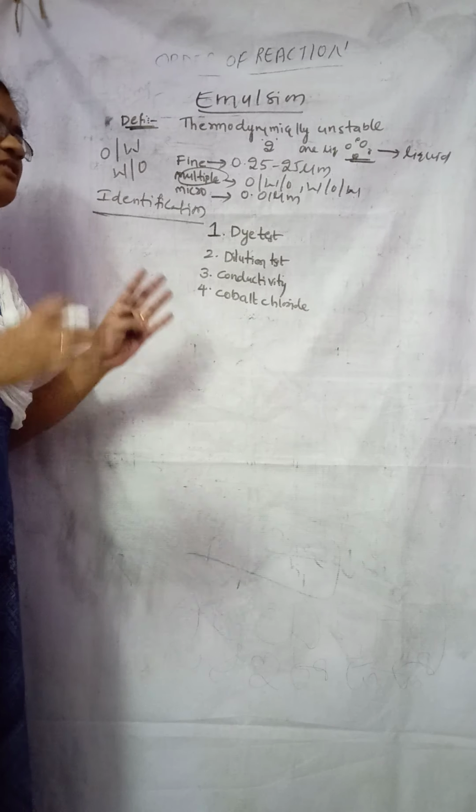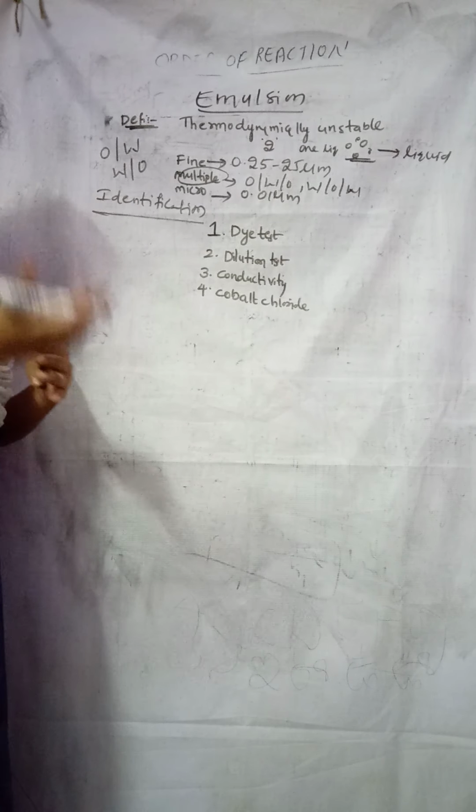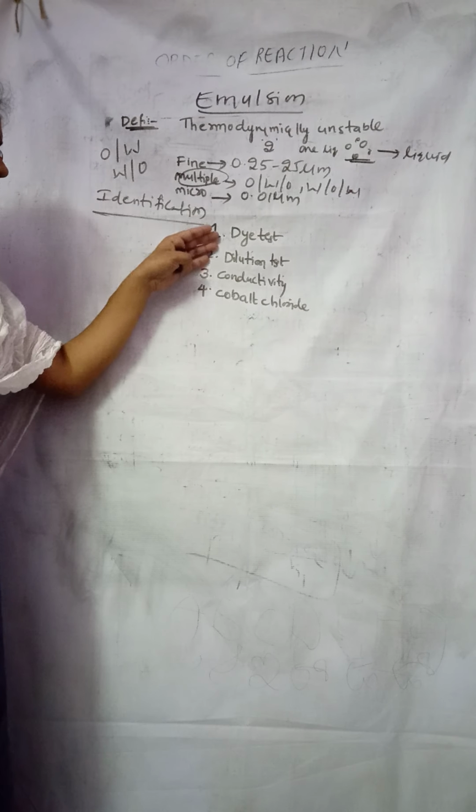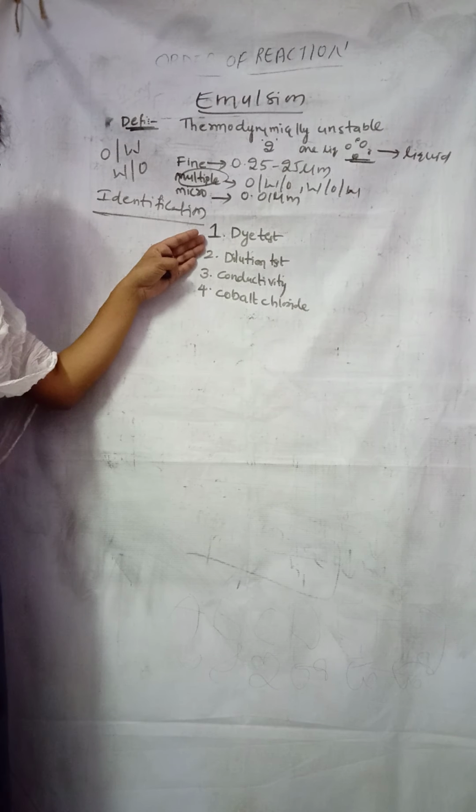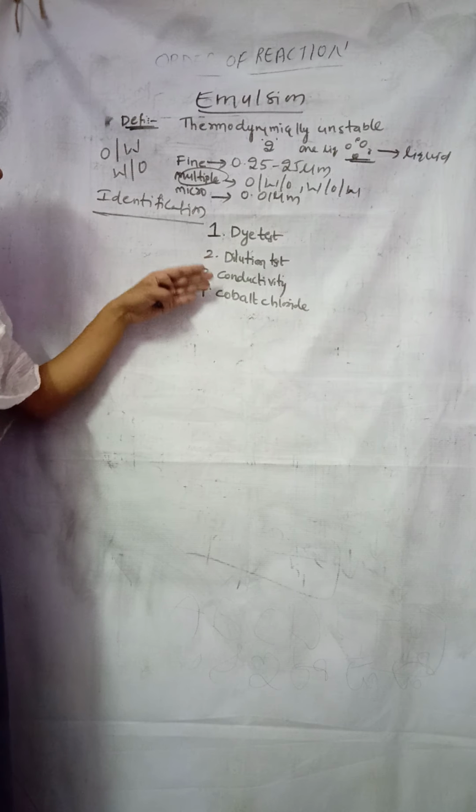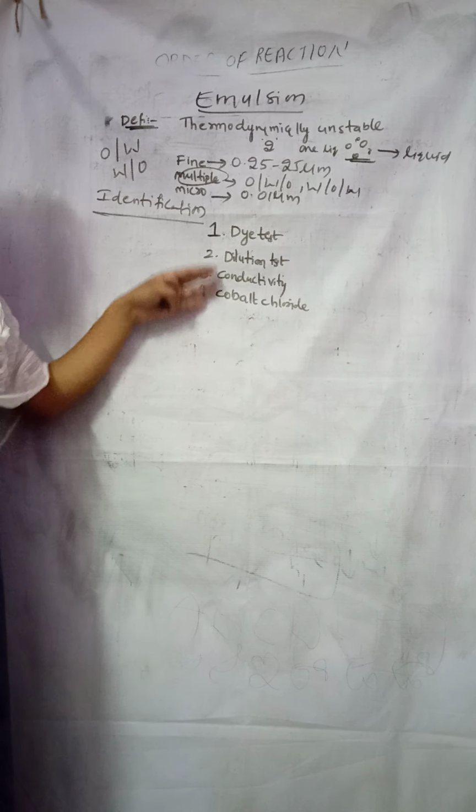So these are the four tests we are going to use to identify emulsion, nothing but whether the emulsion is oil in water or water in oil. So to identify that, we are using dye test, dilution test, conductivity test and cobalt chloride test. Okay, so now we will see one by one.